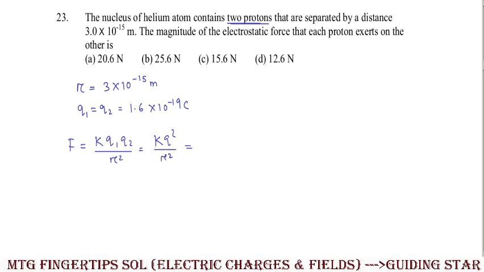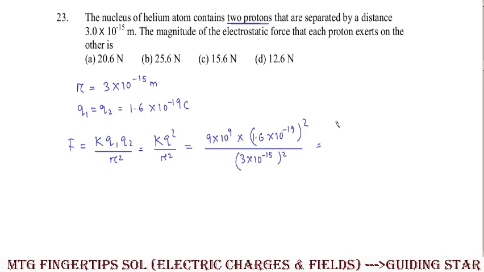So here in this particular case, it will be 9 into 10 to the power 9, q is 1.6 into 10 to the power minus 19 whole square, divided by r square. r square is 3 into 10 to the power minus 15 whole square.